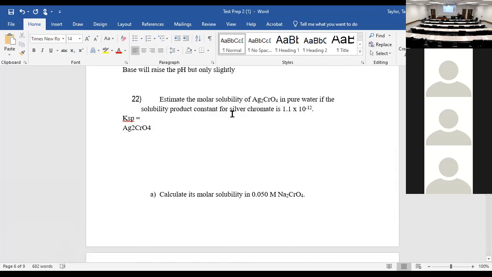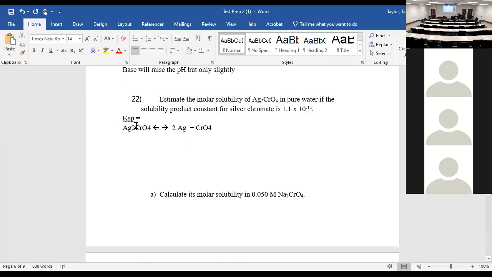Okay. So whenever you're given a problem like this, where it's asking for the KSP and you're putting this into pure water, it's going to dissociate into 2 silver ions plus 1 chromate ion.